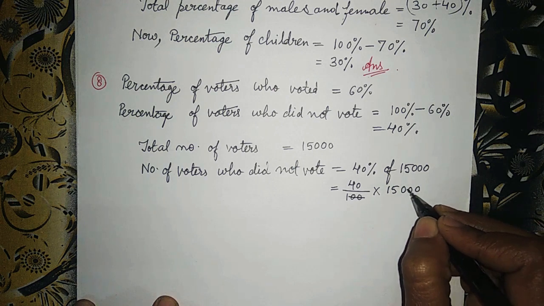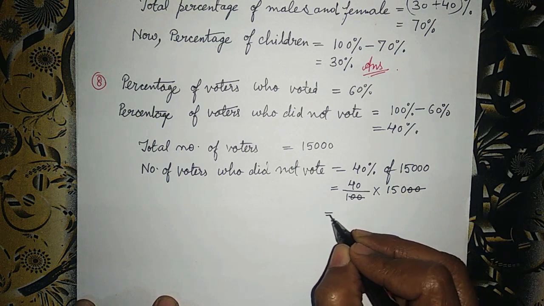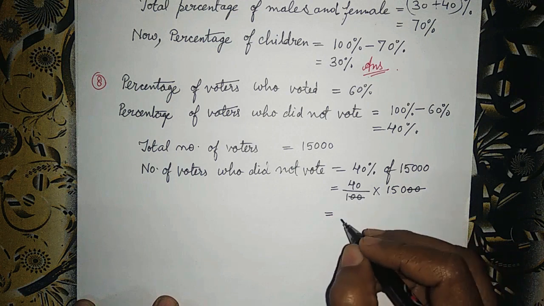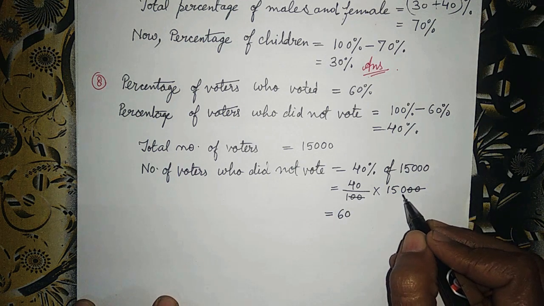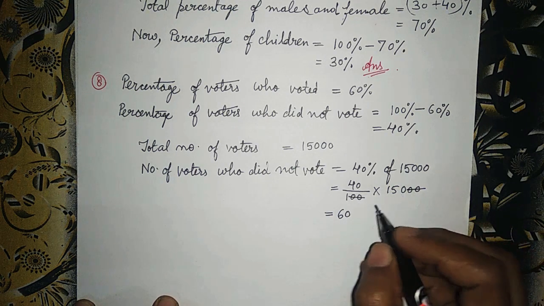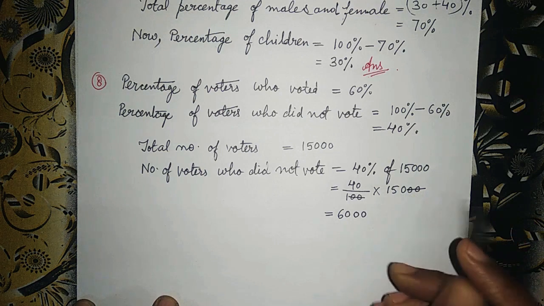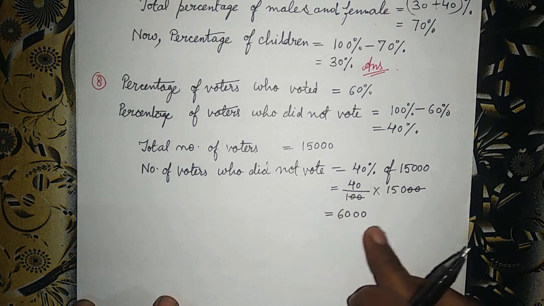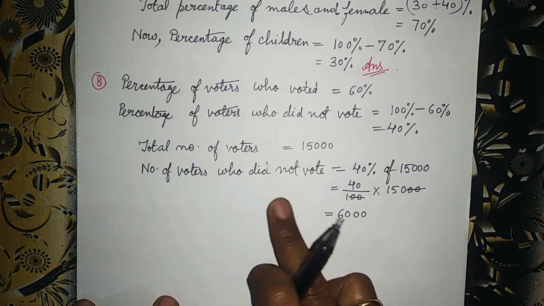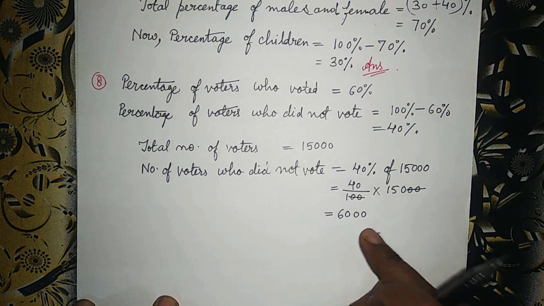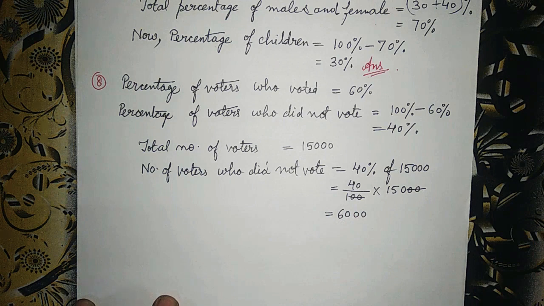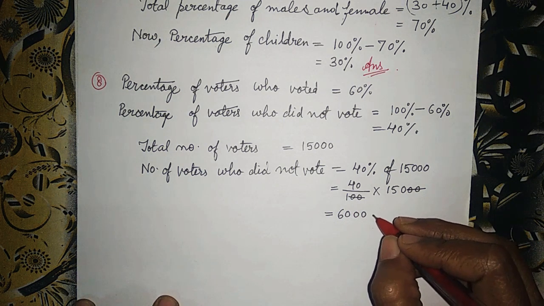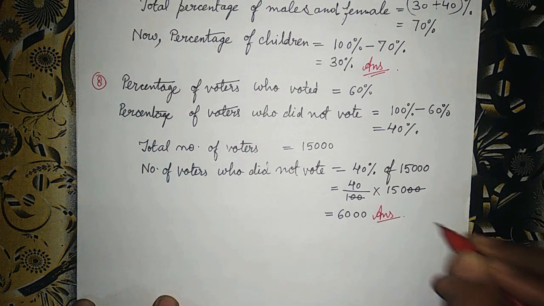Now these two zeros we can cancel. 15 4s are 60, and after 60 we can write these two zeros. So students, what is coming? 6,000. Means 6,000 voters did not vote. Now this is the answer of this question.